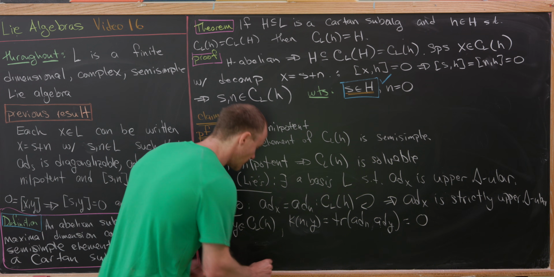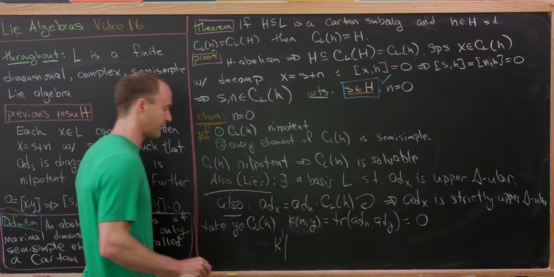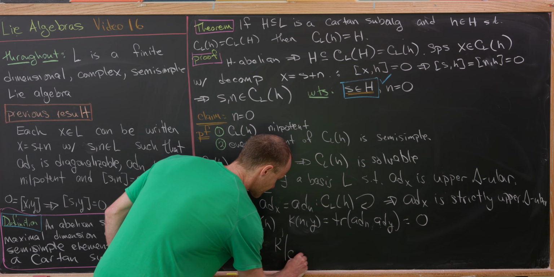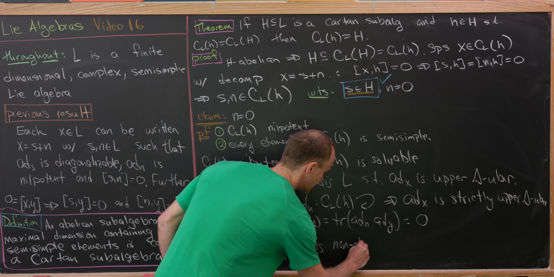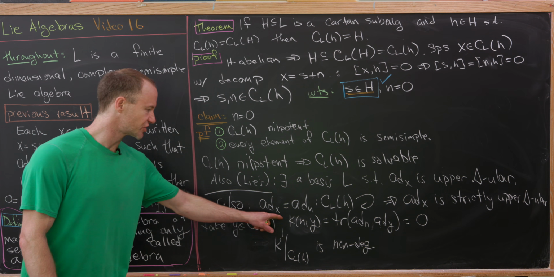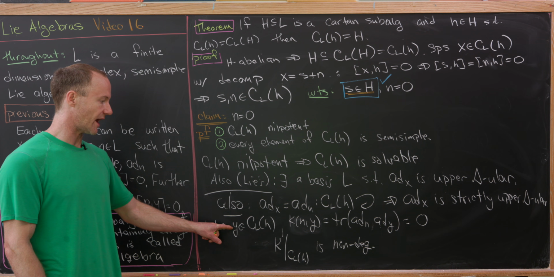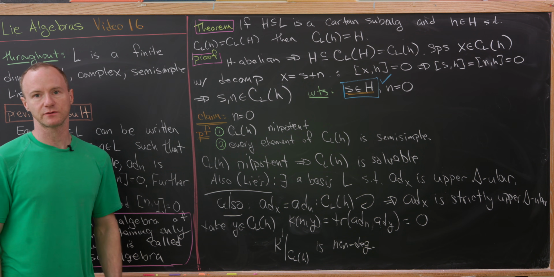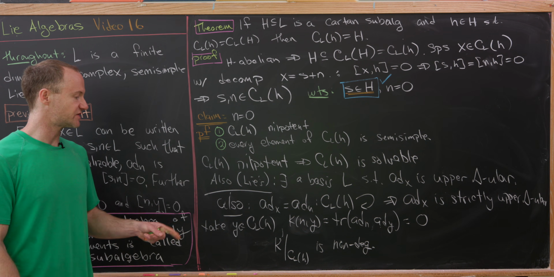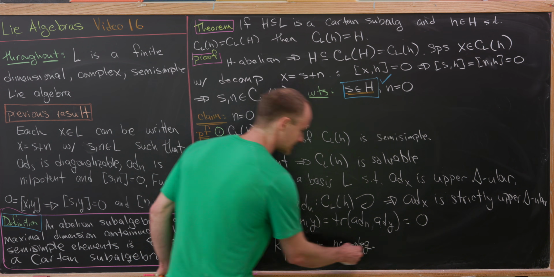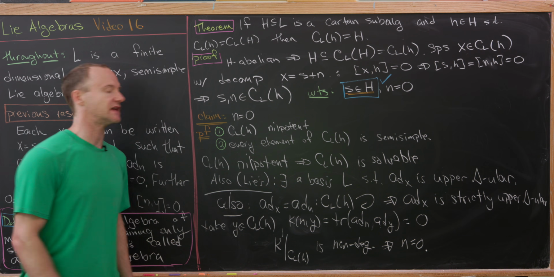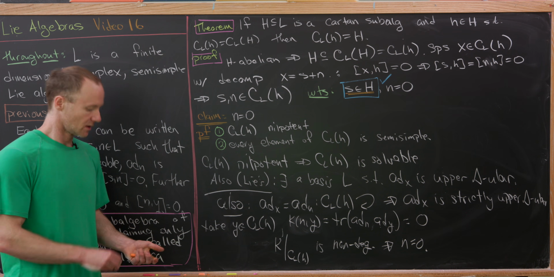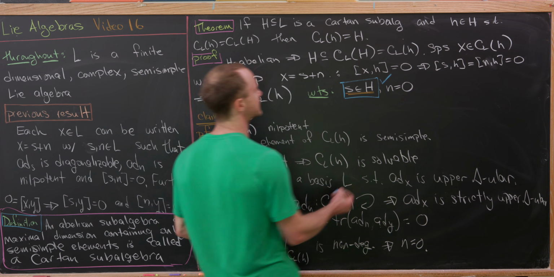But then we also know from a previous result that if we take kappa and restrict it to CLH, it is non-degenerate. We essentially showed above that for all y, kappa of n with y is equal to 0. This non-degeneracy means that the only way for this to be possible is for that n to be equal to 0.